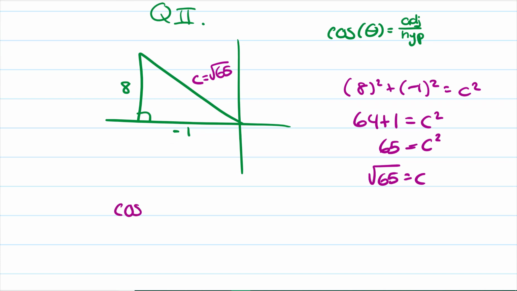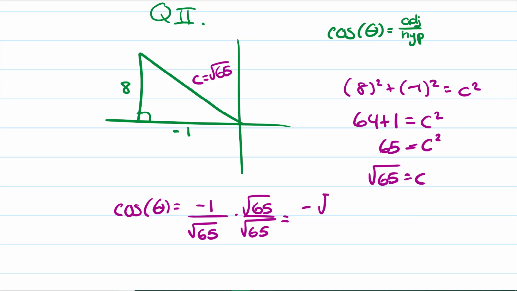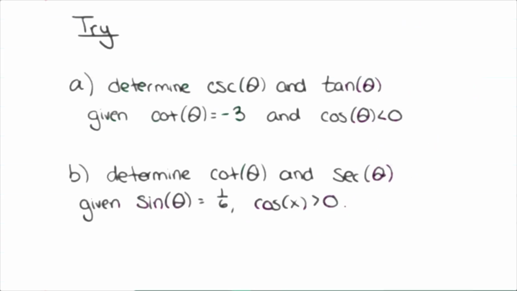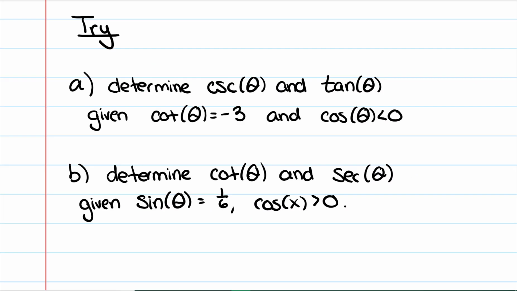So cosine of theta is negative 1 over square root of 65. And then you rationalize it, and we get negative square root of 65 over 65. I do prefer the triangle way. I think it's much easier, but there is an actual algebraic way to solve these problems. Okay, so on your own, I want you to try these, and you can do them either the algebraic way or the triangle way.